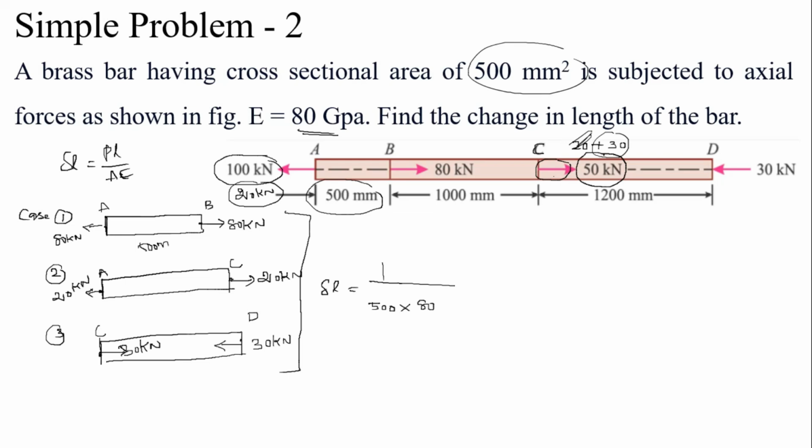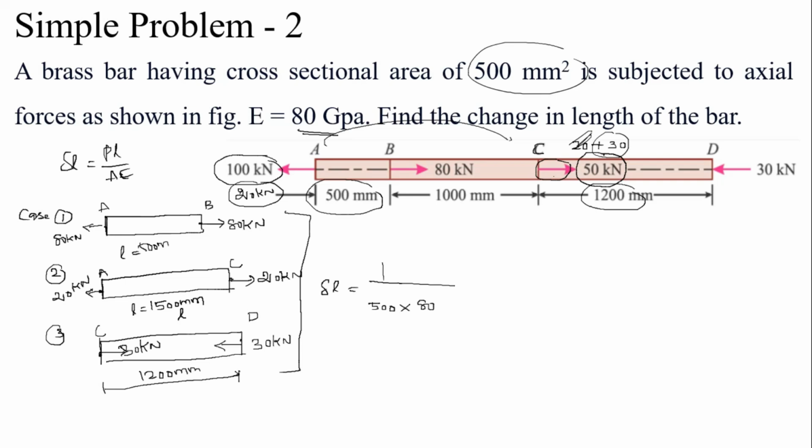And what about AC? AC is equal to 500 plus 1000, which is equal to 1500 mm. This is the L value. What about CD? CD is equal to 1200 mm, the length between point C and point D.